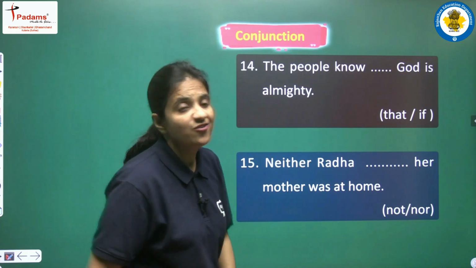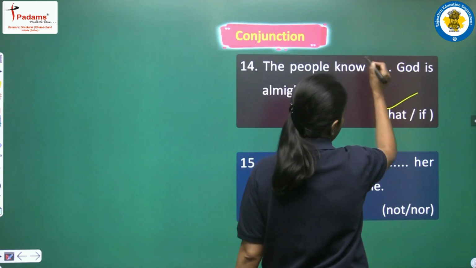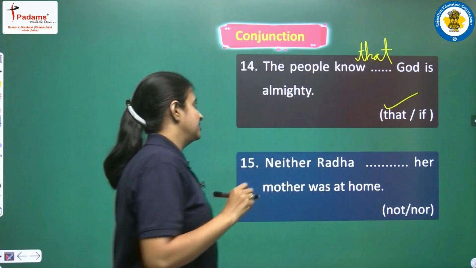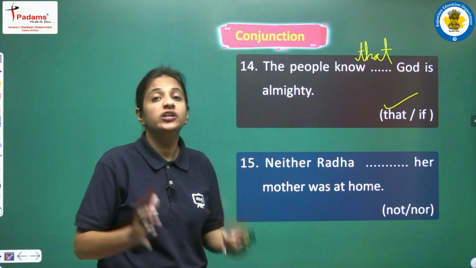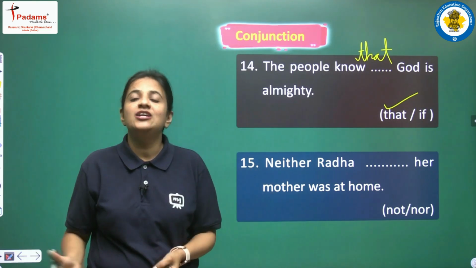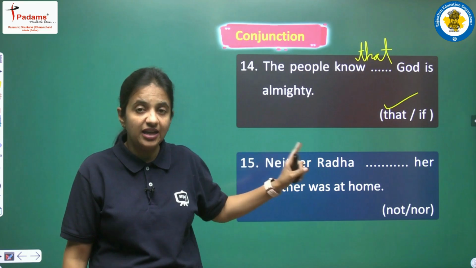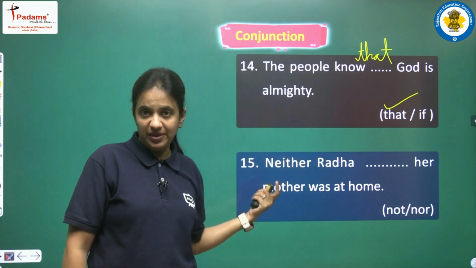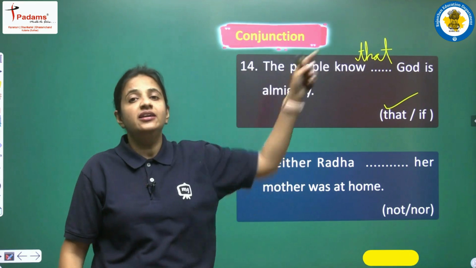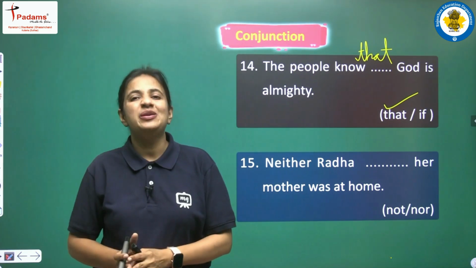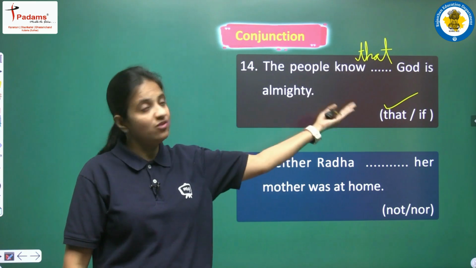So for that we have to choose that from the given options. In this blank we have to write that, and the complete sentence will be: the people know that God is Almighty. So we are choosing that, because we are showing here one thing that is known by all the people. In the beginning we are saying that the people know. So what do the people know?